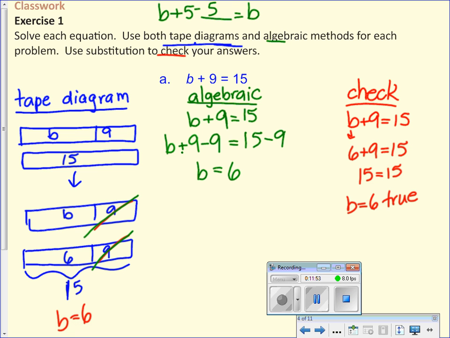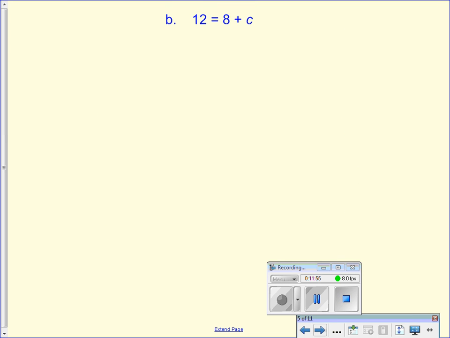All right, let's try another one. We're going to work left to right again. Make 3 imaginary columns on your paper. So first we will solve using a tape diagram.